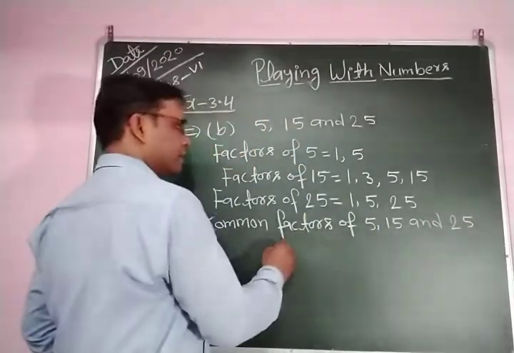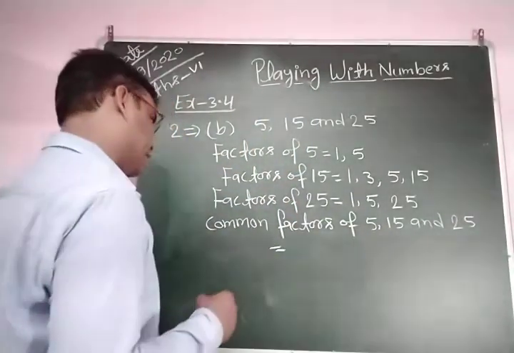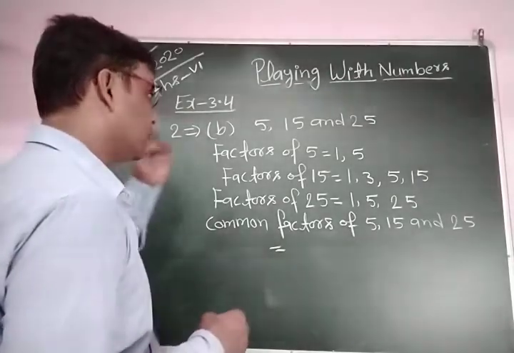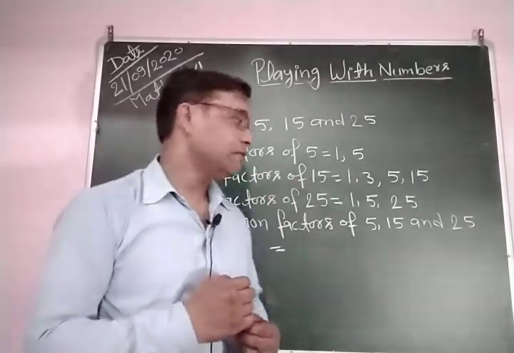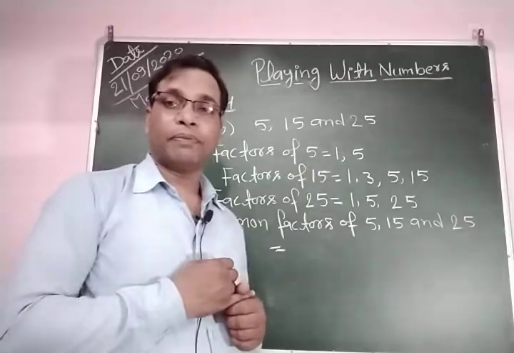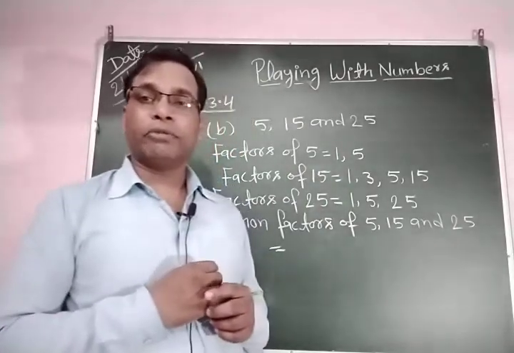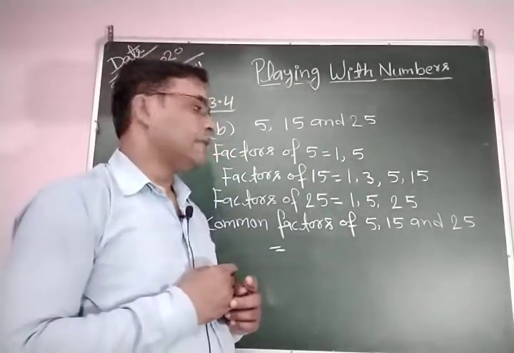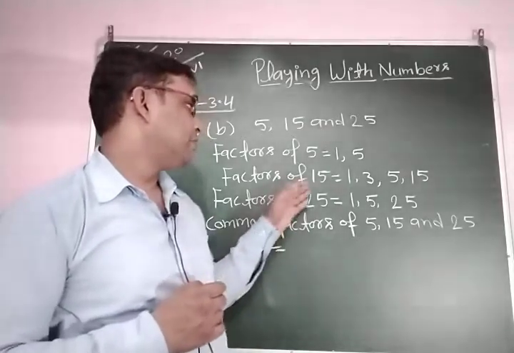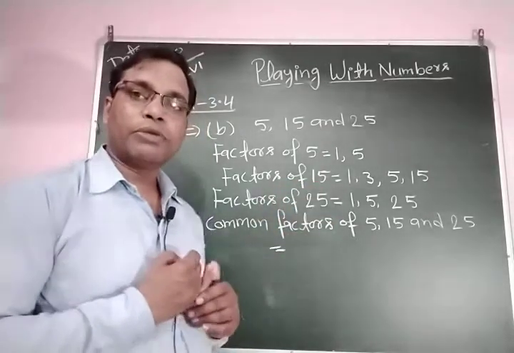Okay, so here we write the factors of 5, 15 and 25. The factors of 5 are 1 and 5, because 5 is divided by 1 and 5. And the factors of 15 are all the numbers that divide 15.